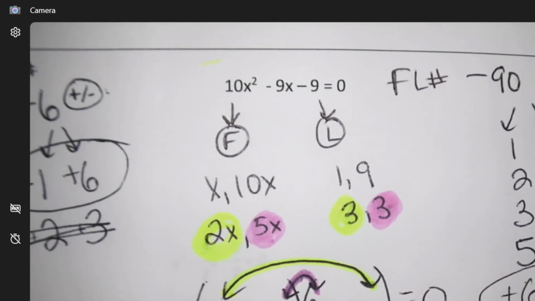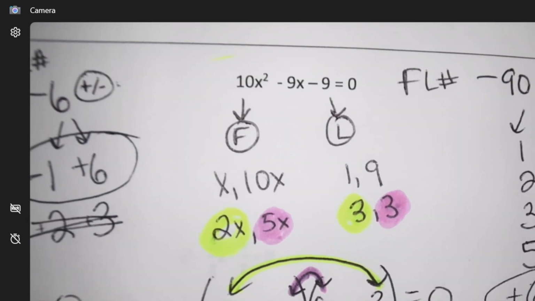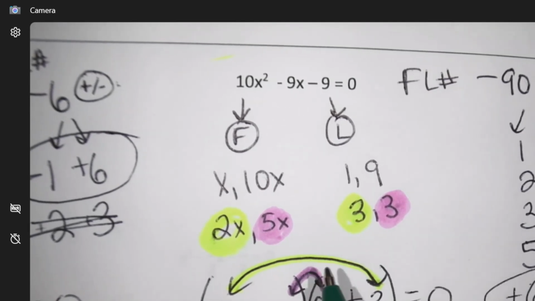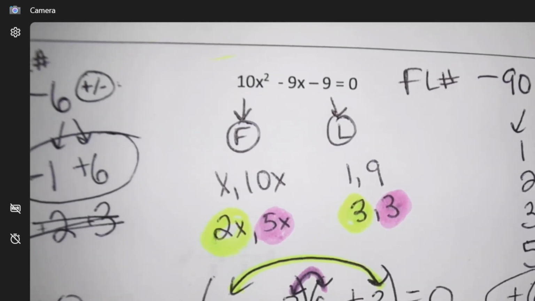Okay, so my 2x has to be with a 3, and we wanted to make that a plus 6x. There's that, okay? And then the 5x also has to go with a 3, and then that's going to be the minus 15x.